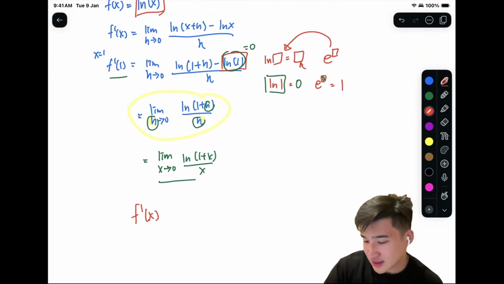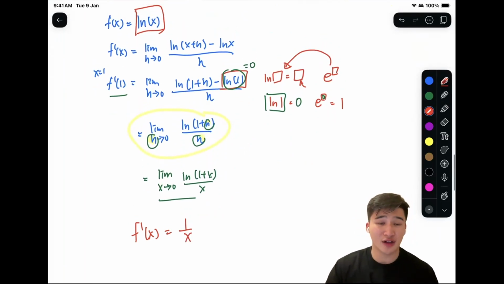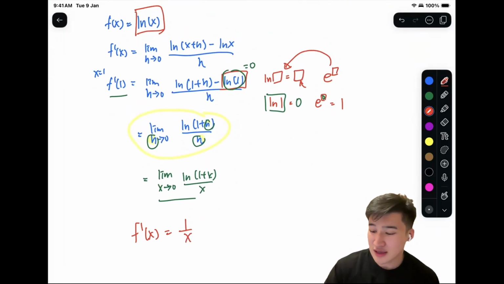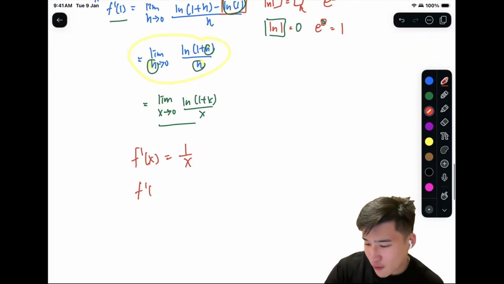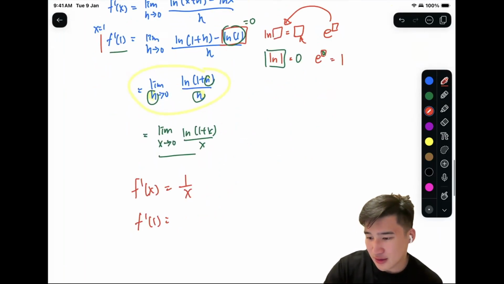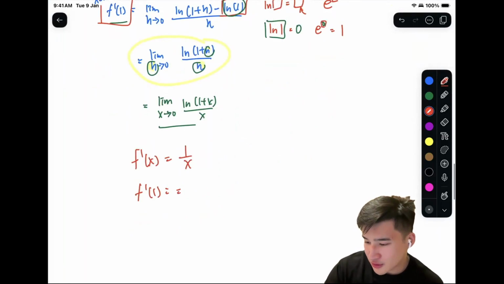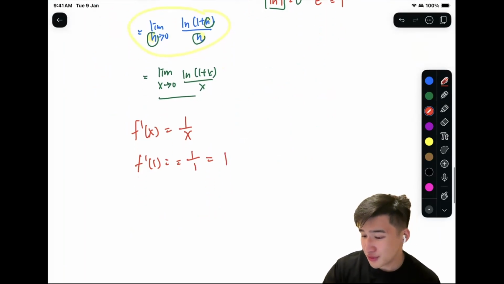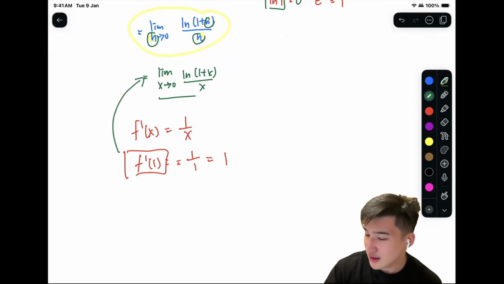Our f prime of x is equal to 1 over x, because when you differentiate natural log x, you get 1 over x. Now we input f prime of 1, which is 1 over 1, and that equals 1. So f prime of 1 equals both this one and also equals 1.